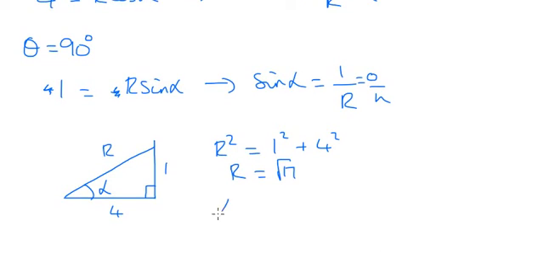And alpha is going to be the inverse tan of the opposite over the adjacent, inverse tan of a quarter. And the inverse tan of a quarter is 14.0.